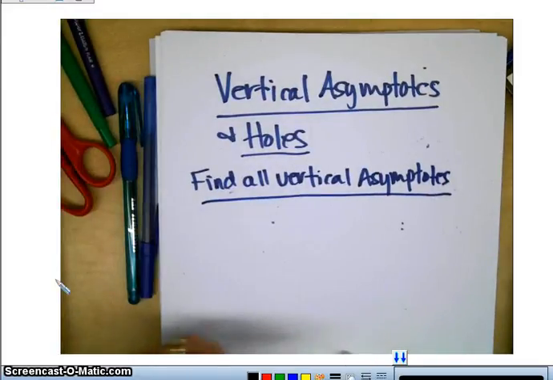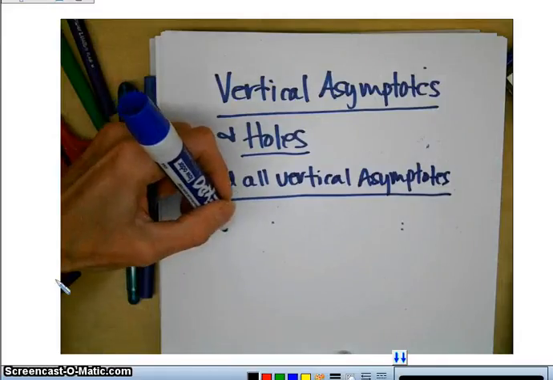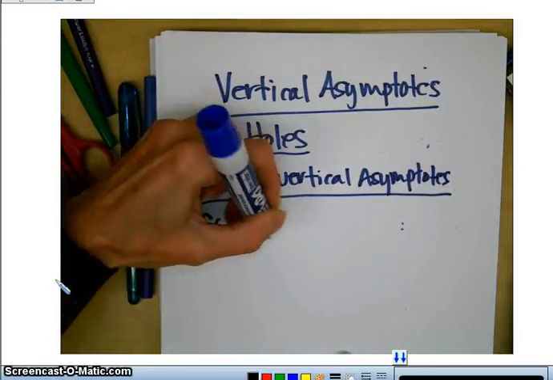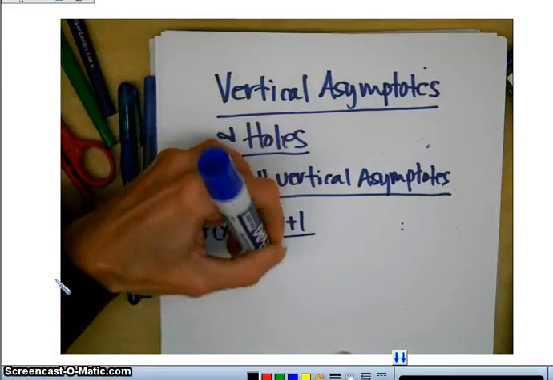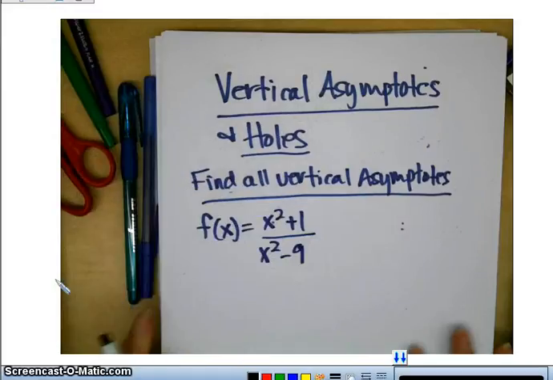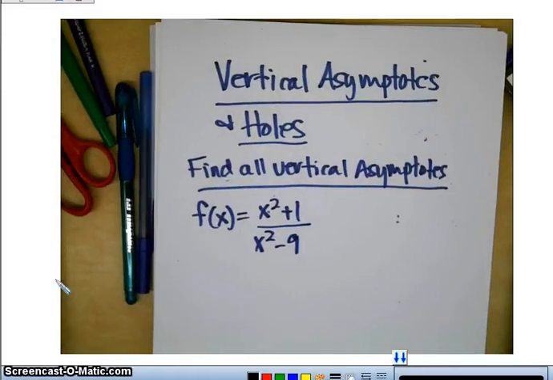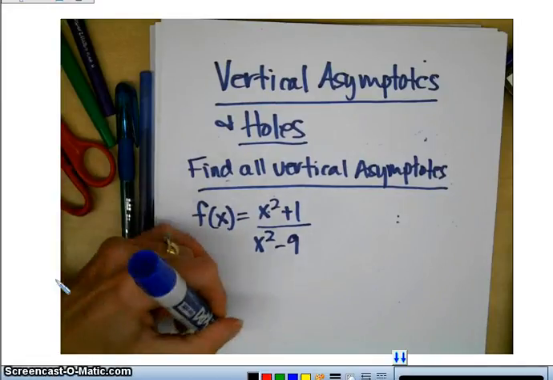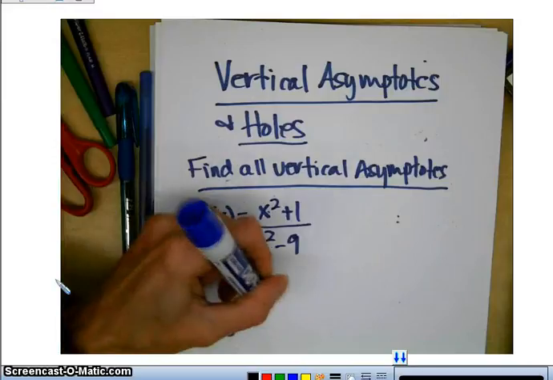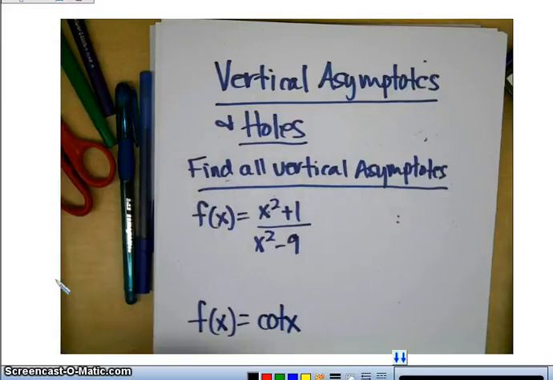Find all the vertical asymptotes for f of x equals x squared plus 1 over x squared minus 9. And find all of the vertical asymptotes for f of x equals the cotangent of x.